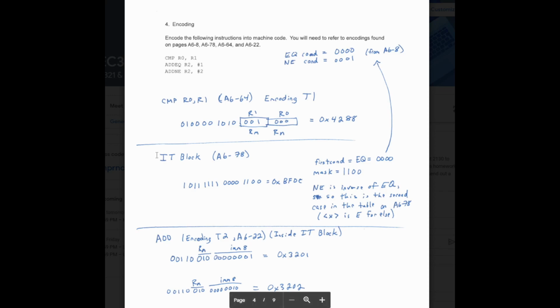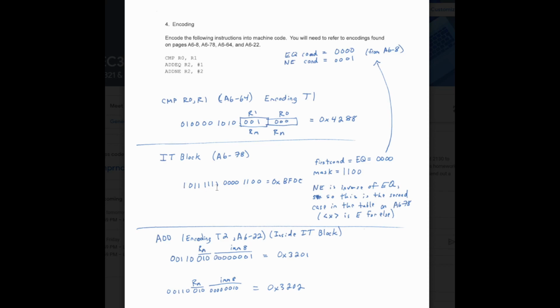And so the IT block is going to basically define that we are going into conditional execution based on some conditions that are set in the NZCV bits. So this is where we have to refer to table A6-8. You'll notice that for the IT block, these bits are predefined.